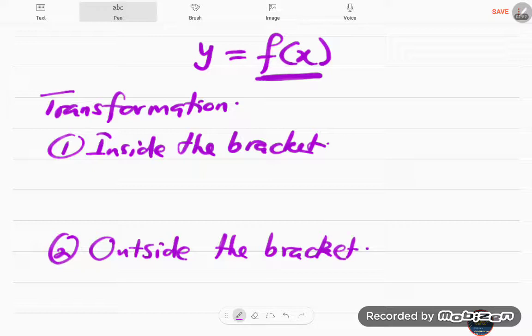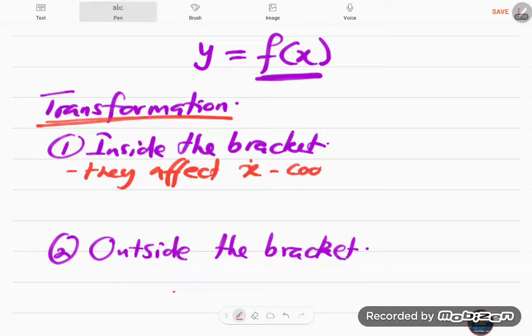Okay, so what do we know about transformations that occur inside the bracket? They affect the x coordinates. And how do they do this? Inversely. That means in an opposite manner. Okay, we're going to be seeing that shortly, what we mean by in an opposite manner.